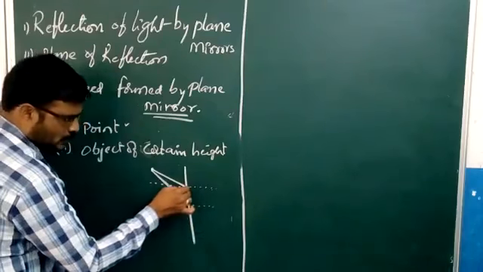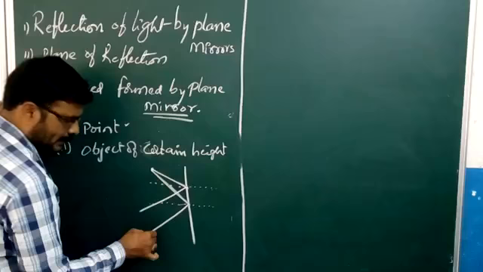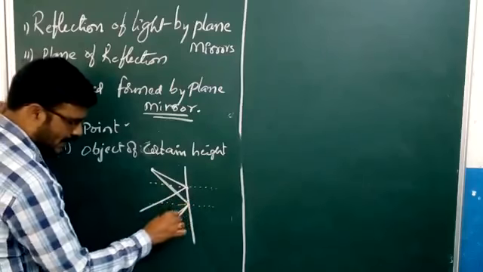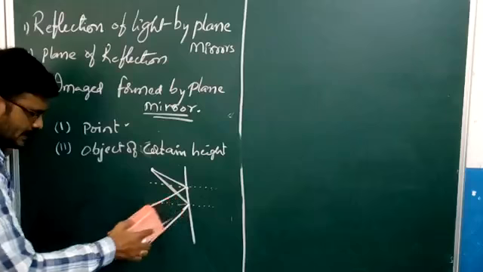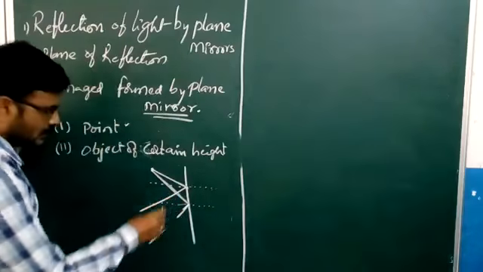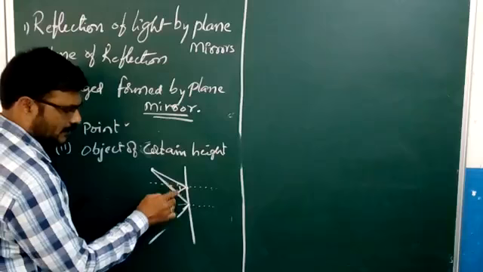Now these 2 rays will have reflected rays, and let the 2 reflected rays be drawn like this. You can draw them by measuring the angle of incidence and angle of reflection.